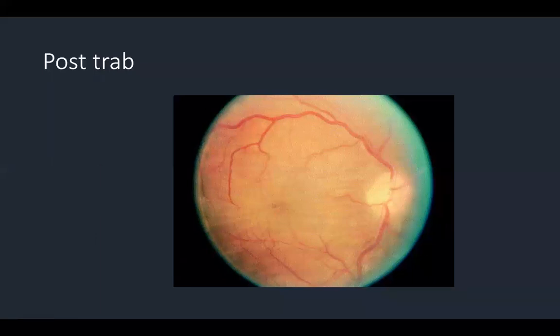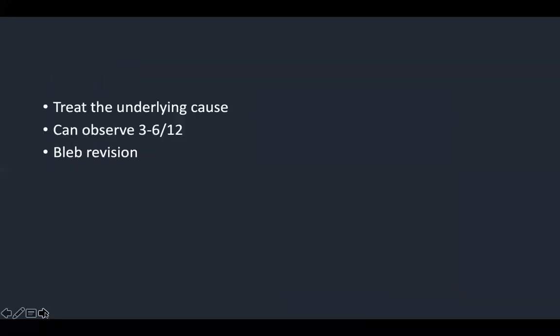Is it just post-op, or is there a leak, or overfiltration? What's the cause of hypotony? You should treat the underlying cause if present, and observe. If it is prolonged and affecting vision for a long time, then you could revise the bleb to prevent hypotony.